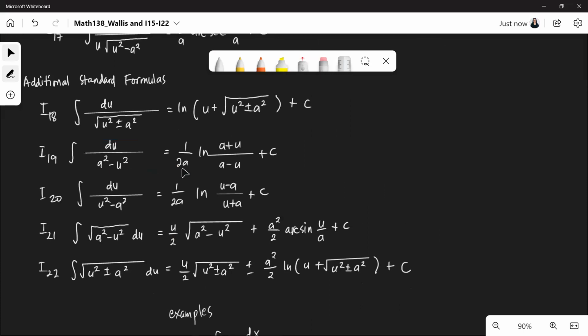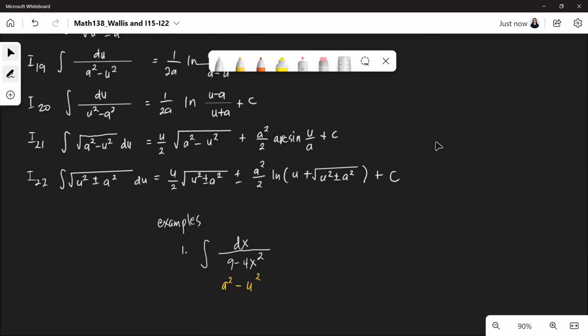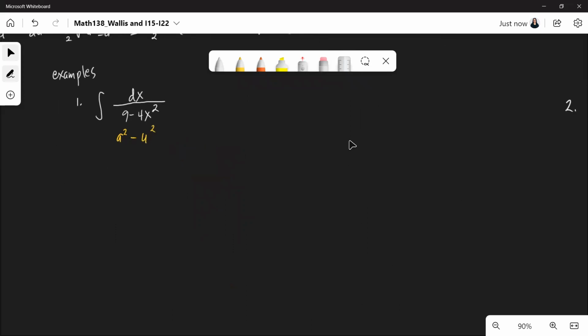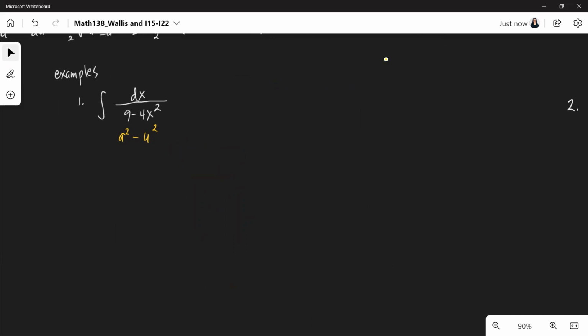So we need to solve for a and for u so that we can use the formula directly. If it follows a squared minus u squared, therefore a squared is equal to 9. So a is square root of 9 or 3. Then u squared is 4x squared.